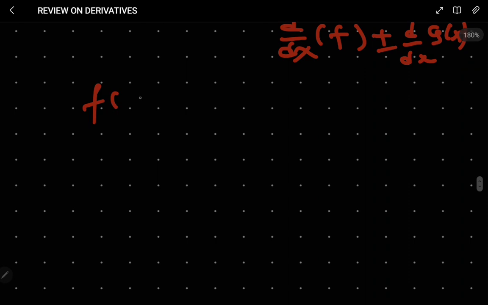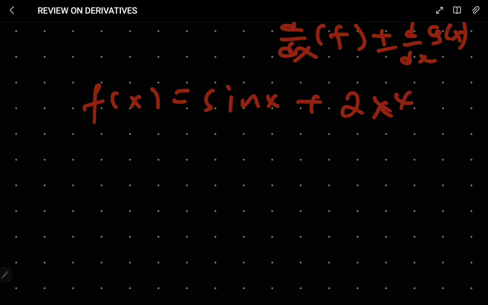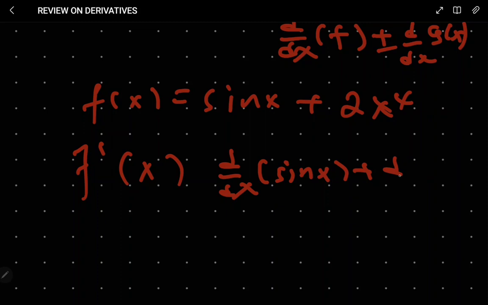For example, if f of x is equal to sine x plus 2x raised to 4, how do you get the derivative of this? Then f'(x) is equal to d/dx of sine x plus d/dx of the polynomial 2x raised to 4.